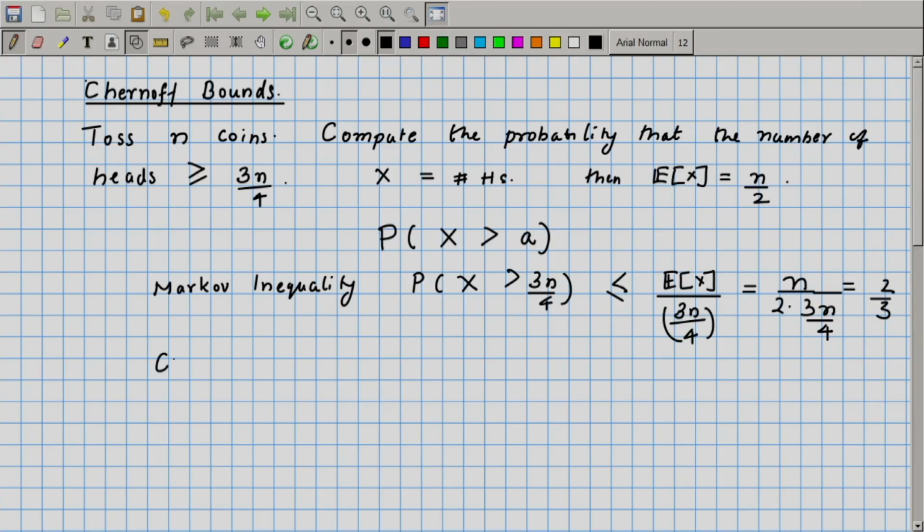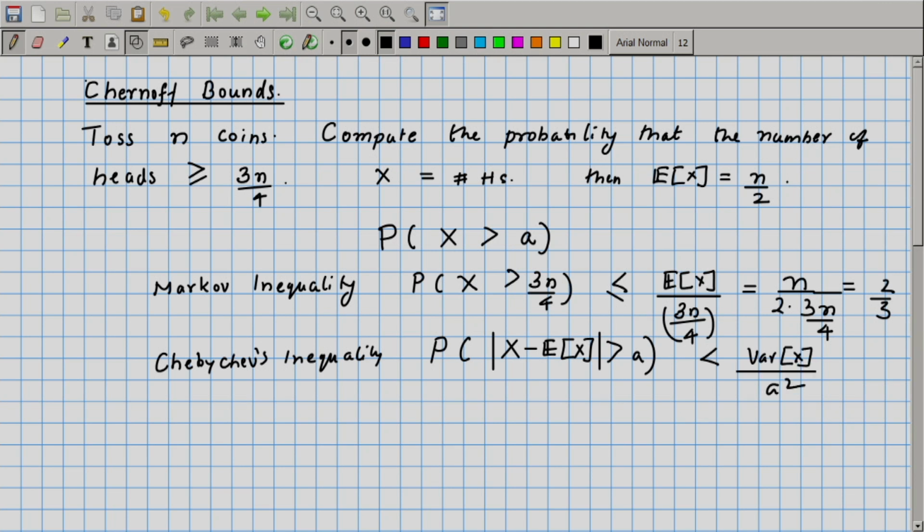If we use Chebyshev's inequality, so this is the probability that x minus expectation of x is greater than a, this is going to be less than variance of x divided by a square. So, here expectation of x is n by 2.